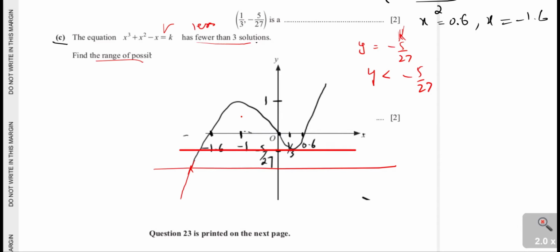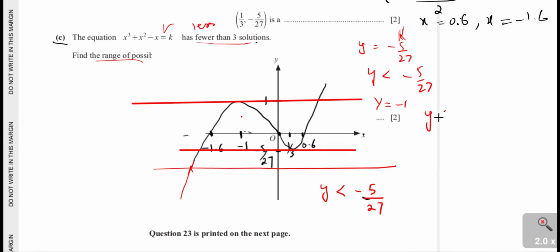Therefore, we can write one range of values: y is less than minus 5 over 27. Another range of values we can get if we draw a straight line passing through y equal to 1. This straight line is y equal to 1, and it has only 2 solutions.